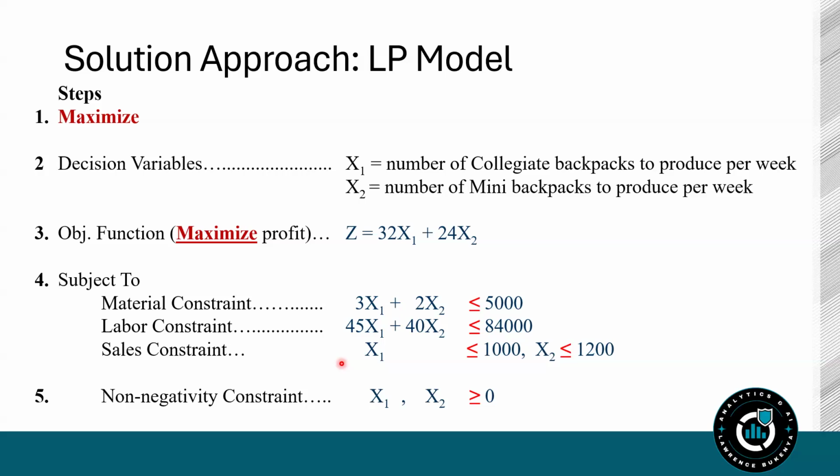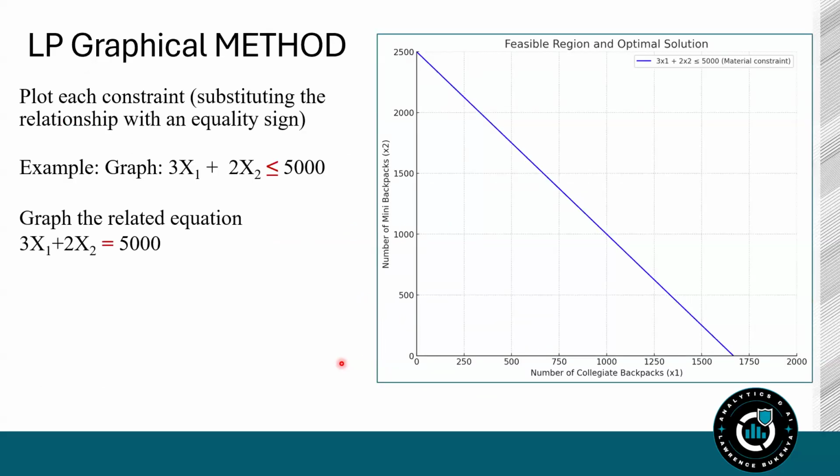Next, we are going to use the graphical method. In the graphical method, the process is you pick one of the equations in those constraints, and then you plot it. In this case, we are going to use the material constraint equation for demonstration purposes, which is 3x1 plus 2x2 is less than or equal to 5,000.